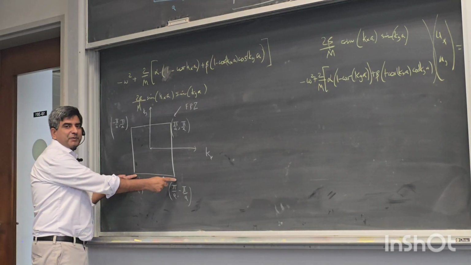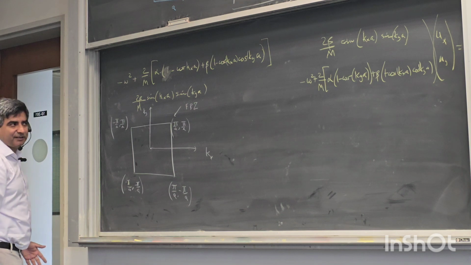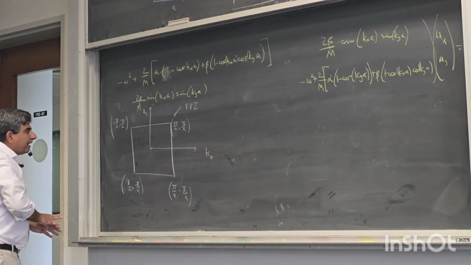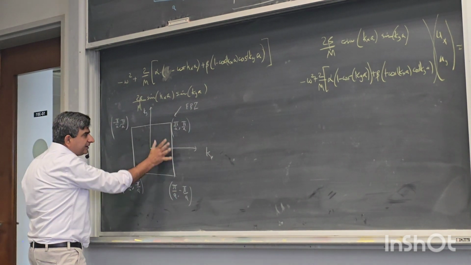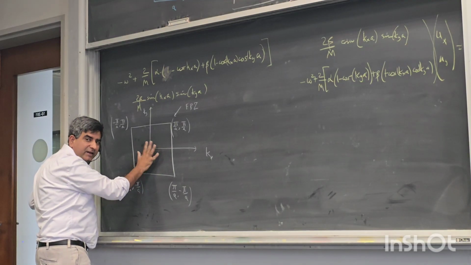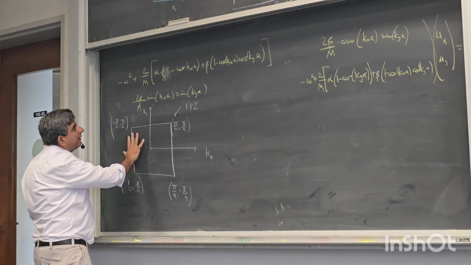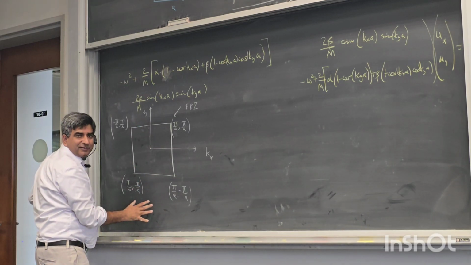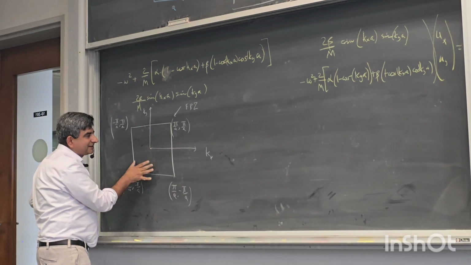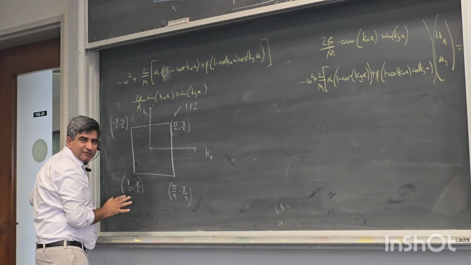This length, of course, is 2 pi over a on each side. It's a square reciprocal lattice. Now the k is varying in this first Brillouin zone. In one-dimensional dispersion relationships, I plotted omega versus k. Now I need to make a three-dimensional plot of omega versus any point in this first Brillouin zone.